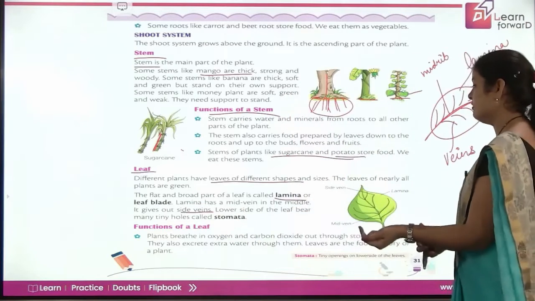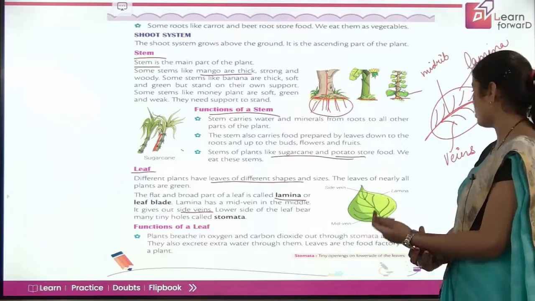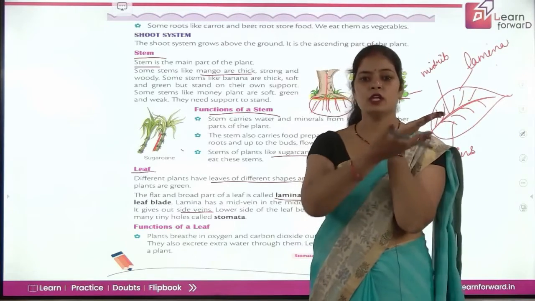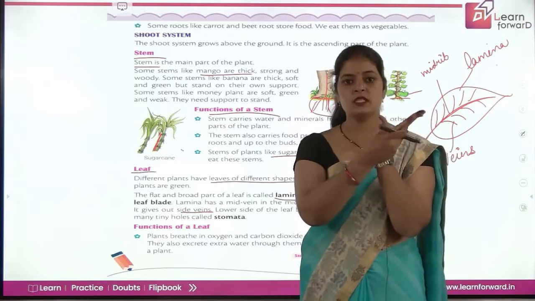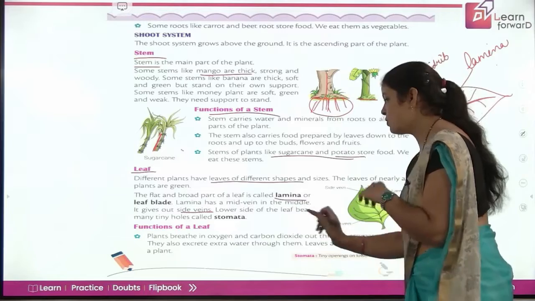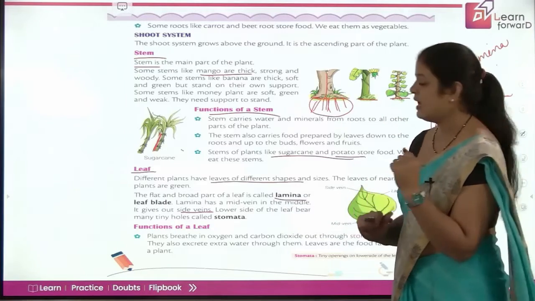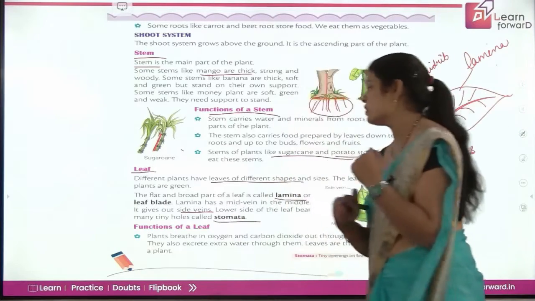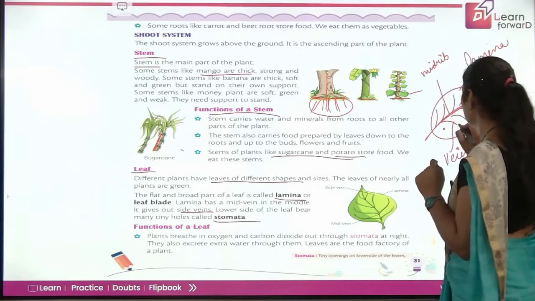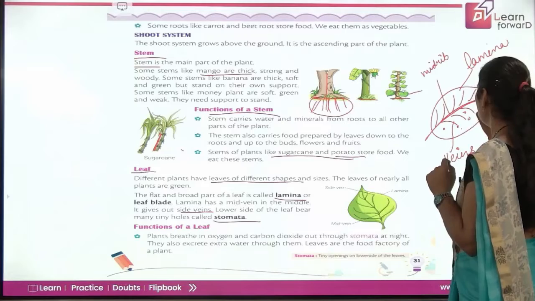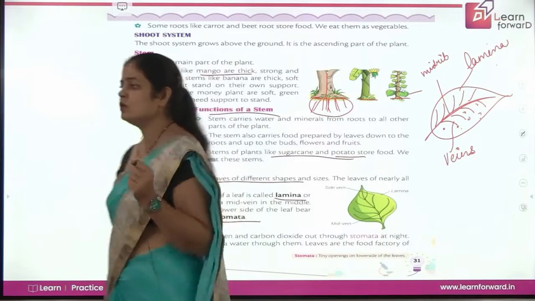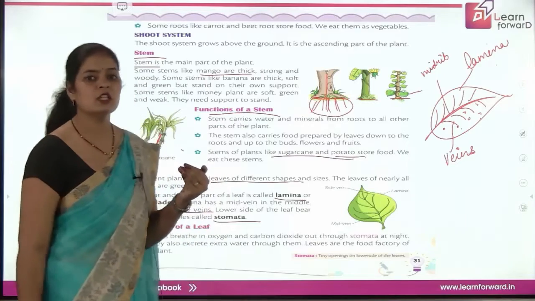The lower side of the leaf bears many tiny holes called stomata. So if this is the hanging surface of the leaf, then on the lower surface, the opposite surface of the leaf, there are many tiny holes, and these holes are called stomata. What is the function of the stomata? Because these are small pores, they enable the leaf to respire, meaning to exchange gases.